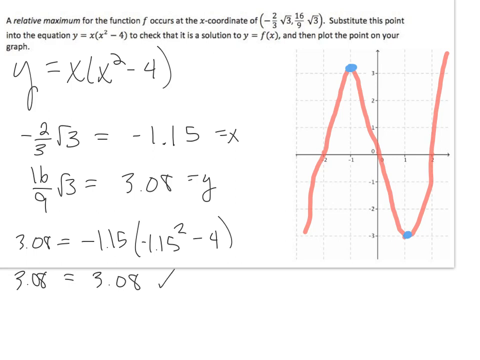So it is a relative maximum. So I would plot it right there, negative 1.15, up 3.08.